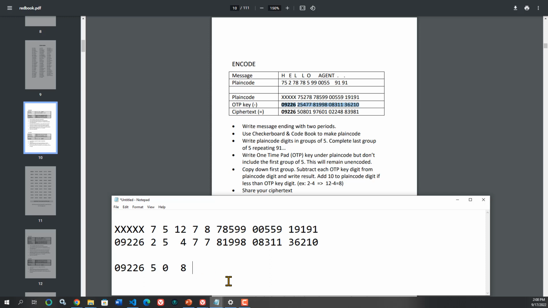7 minus 7 is 0. 8 minus 7 is 1. Then 7 minus 8, so that's 17 minus 8, which is 9.